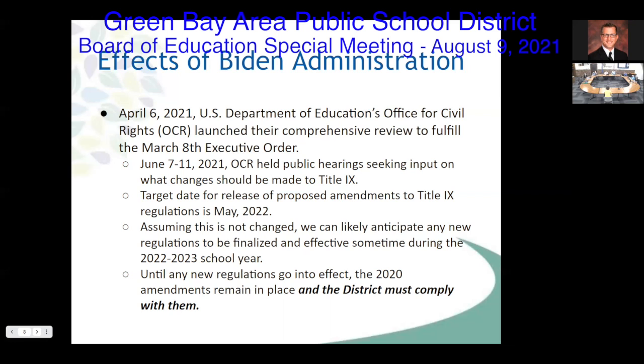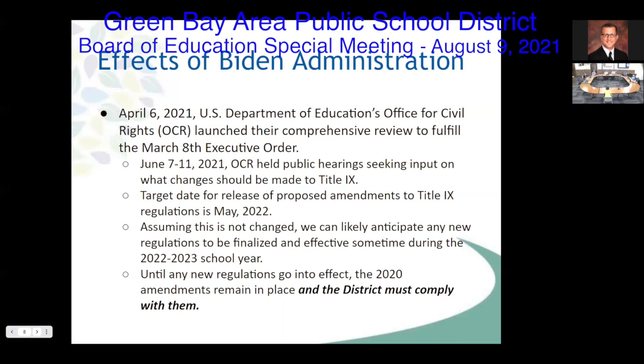Just recently, in an update to the Department of Education's website, the Biden administration has said they set a target date for May 2022 for releasing its proposal for any new amendments. Keep in mind, this is just a target date. It's not a mandatory date. Assuming that they are lucky and are able to meet their target date, then they have to follow the standard notice and comment procedure.